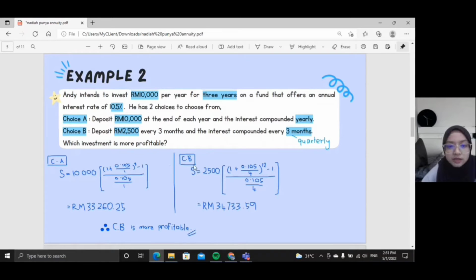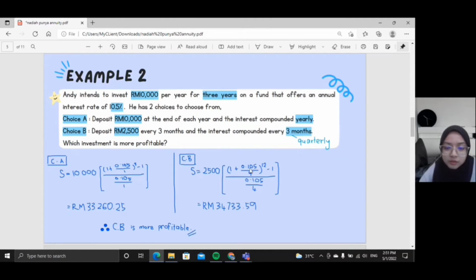And then this is choice B, how to solve the problem. Okay, S equal to, just use the same method here, 2,500 ringgit times 1 plus 0.105 over 4. How come the 4 here? Compounded quarterly, quarterly is 4 times.